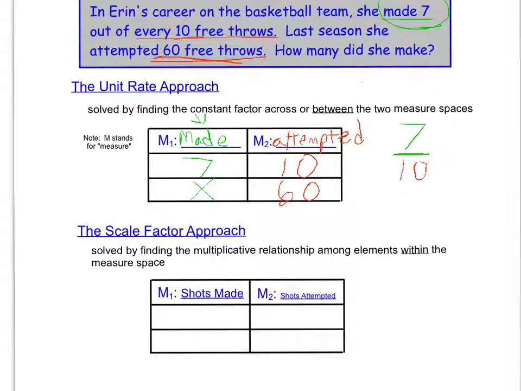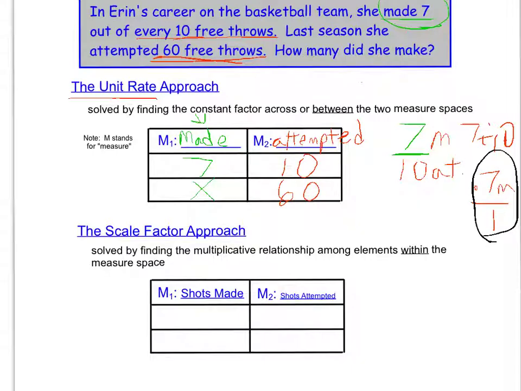Once we set it up, doing the unit rate approach, we have to actually find the unit rate. So we need to find the unit rate for how many were made out of how many were attempted. So I'm going to divide them, and if I divide 7 divided by 10, I get 0.7 made per one attempt. So now I have a unit rate.